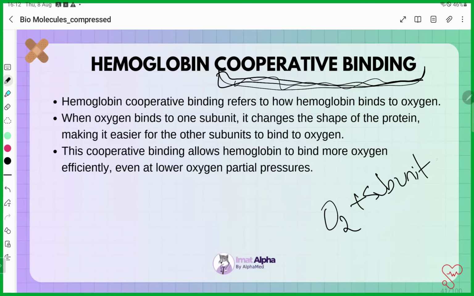When the shape of the protein is changed, it will be easier for the other subunits to bind to oxygen. And this cooperative binding helps increase the affinity of oxygen to bind more and more to the hemoglobin at lower oxygen partial pressures.